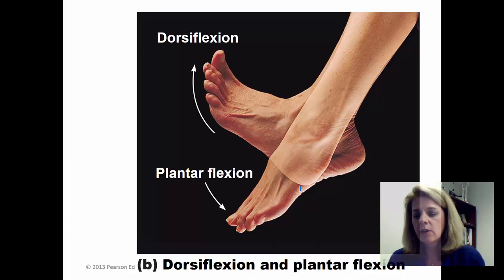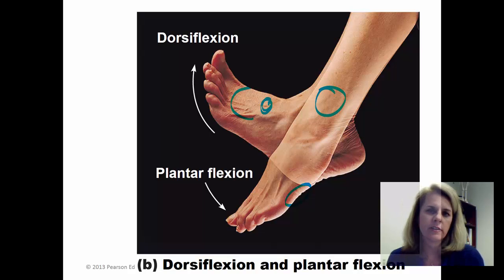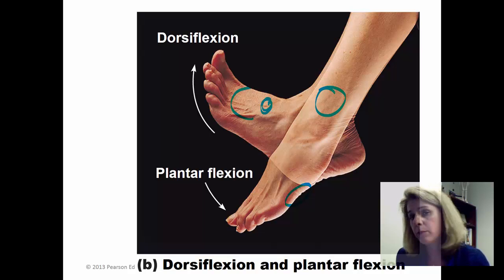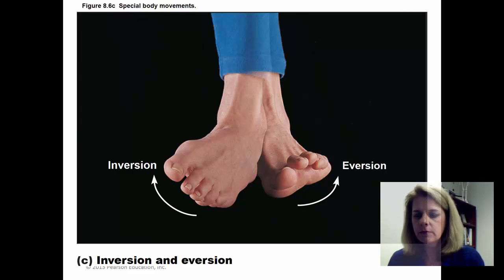So the plantar area of your foot is the bottom of your foot, and if you flex your toes down, that's plantar flexion. The dorsal part of your foot is the top. If you flex toward the top of your foot, that's dorsiflexion, okay? Which is basically flexion and extension of the ankle. But instead of saying flexion and extension, we say dorsiflexion and plantar flexion. I don't know why, we just do.